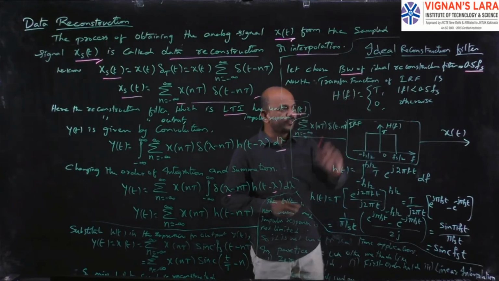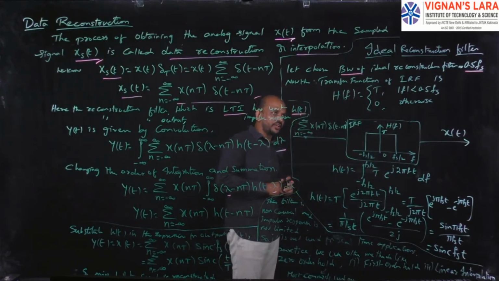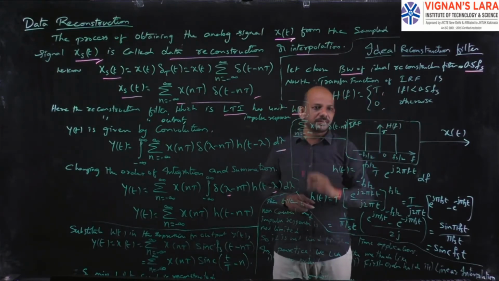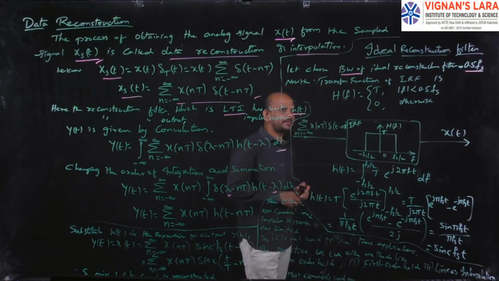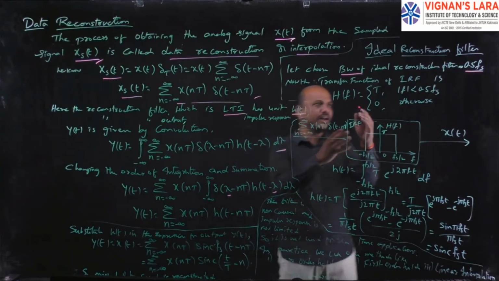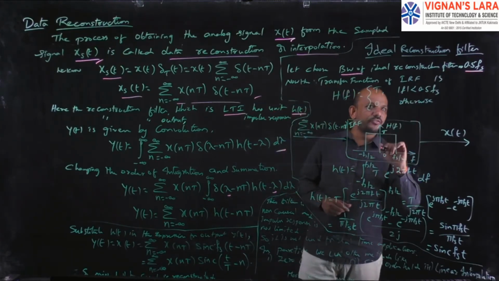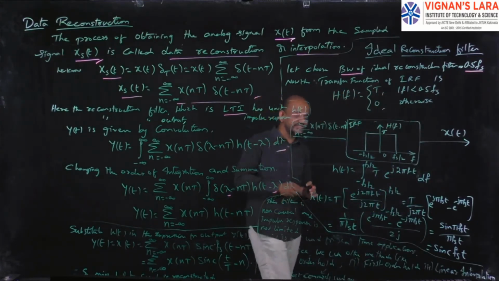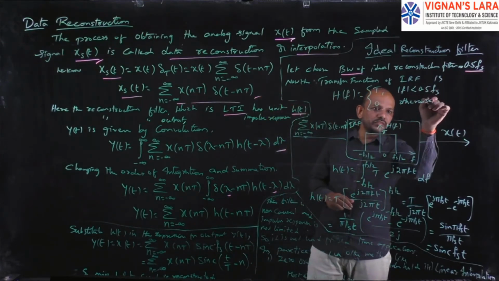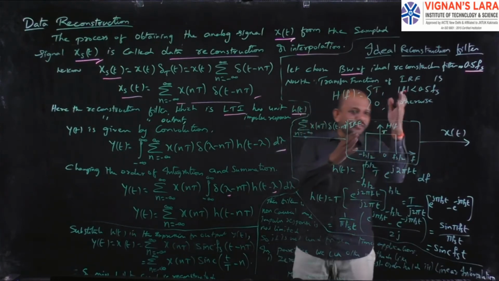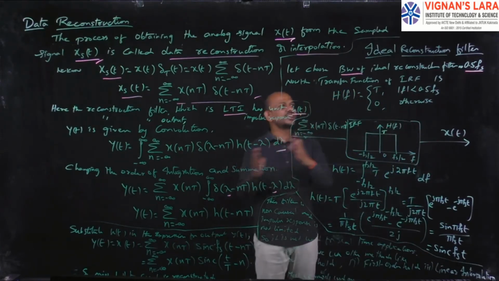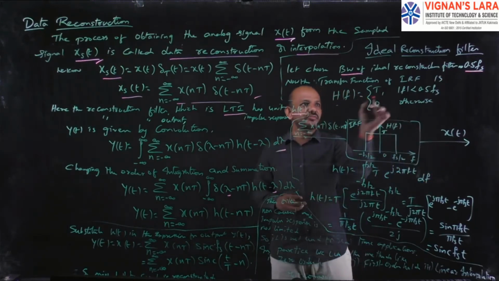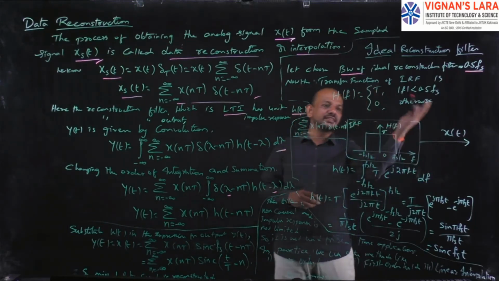Now the transfer function of that ideal reconstruction filter is h of f equal to capital T for mod f less than 0.5 fs, that is fs by 2. That is, if the frequency value is from minus fs by 2 to plus fs by 2, then the value of this transfer function is capital T, and in other cases it is 0.